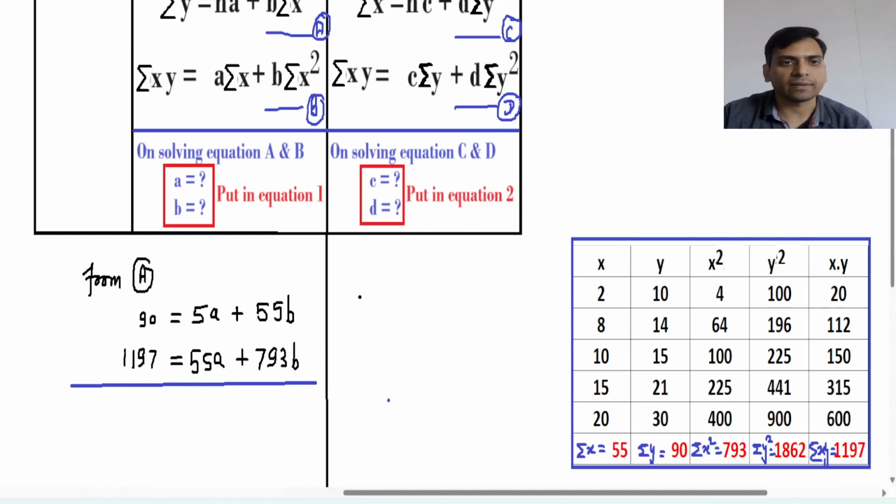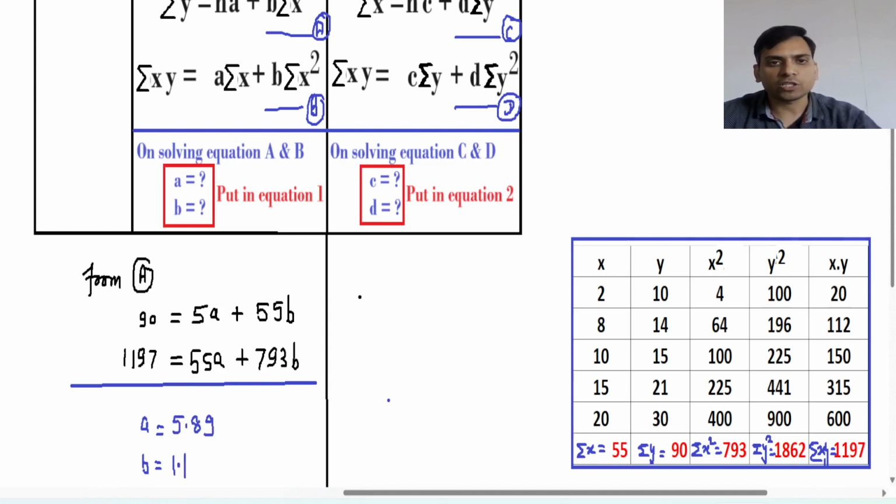Then you will see the value of A and value of B. You can solve these two simultaneous equations and you will get value of A as 5.89 and value of B as 1.1.